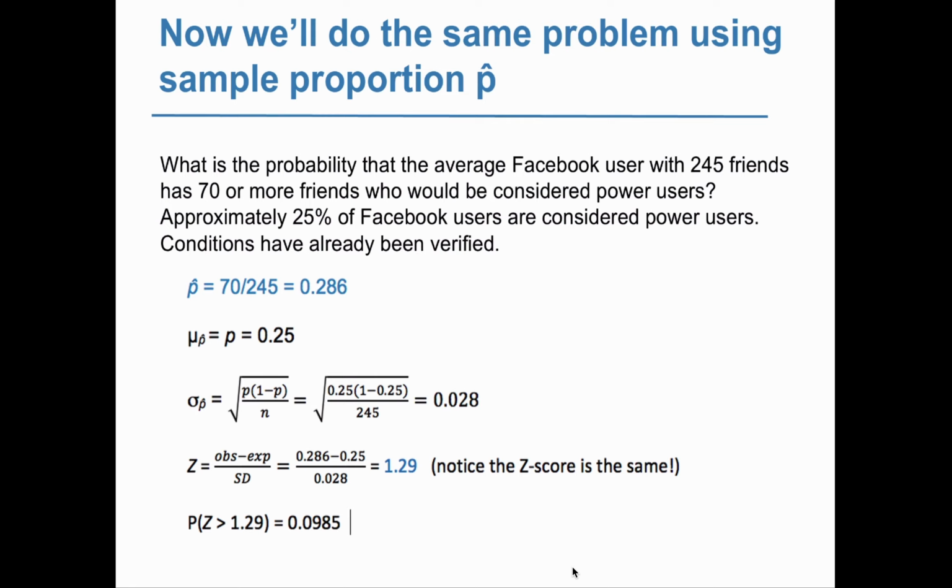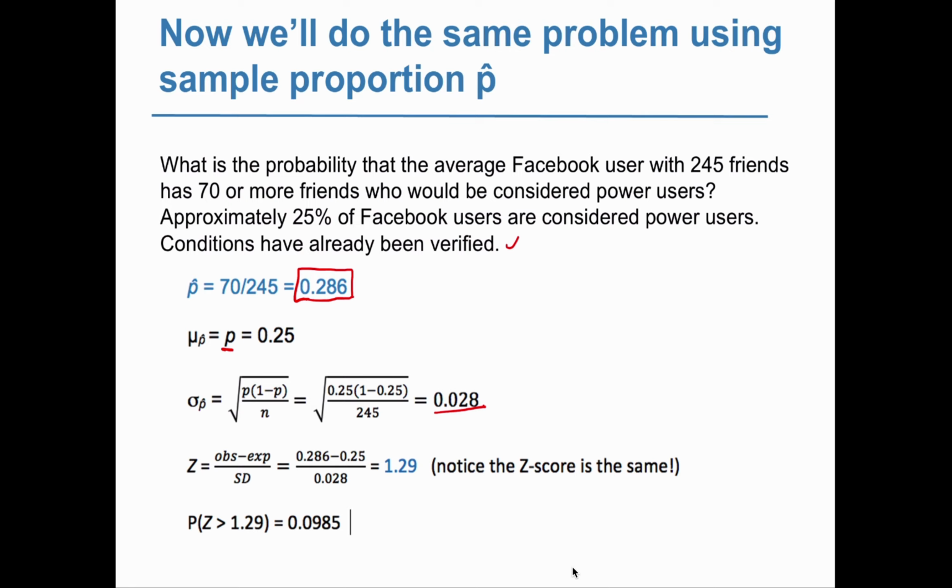But we can do the same thing using the sample proportion p hat. For the average Facebook user with 245 friends, once you've verified the conditions, 70 out of 245 would be 0.286. Our mean is going to be 0.25, and our standard deviation is going to be 0.028.